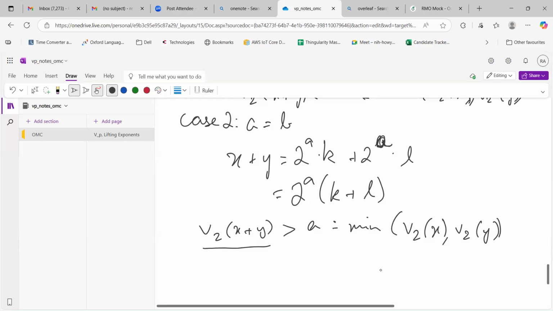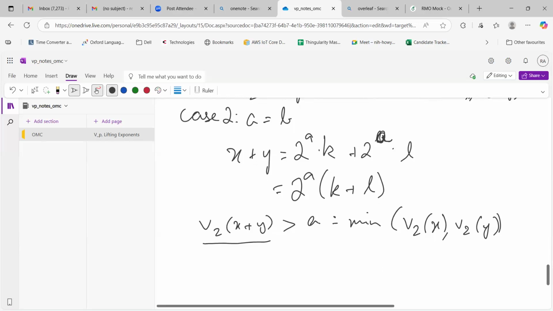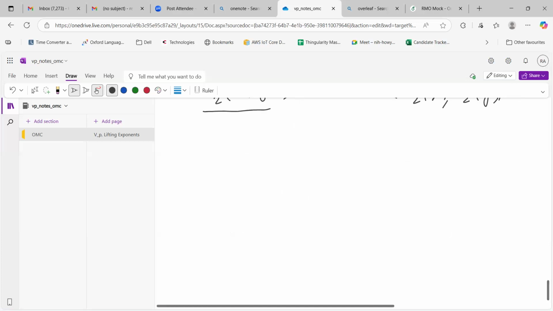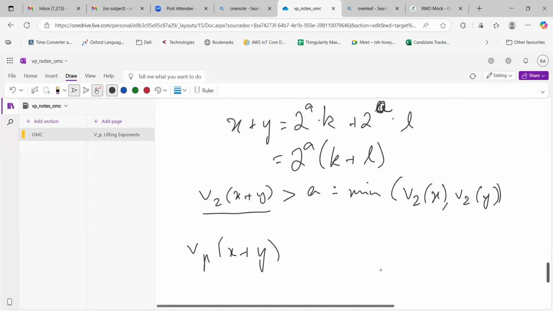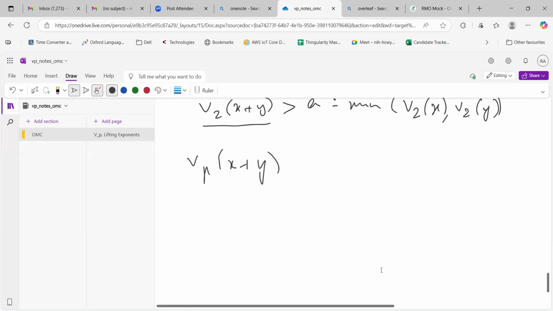So we've now defined the basic properties of vp, and we can in fact do more. What do you think the vp of x plus y would be for a general prime? Again, we can divide this into two cases.